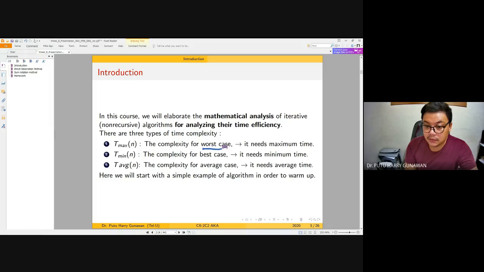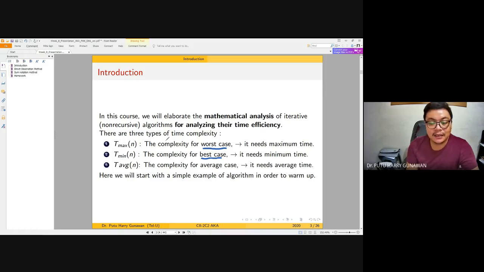When the algorithm needs a minimum time, then we can say that the algorithm has Tmin, and this is the best case. And Taverage is when it needs the average time.